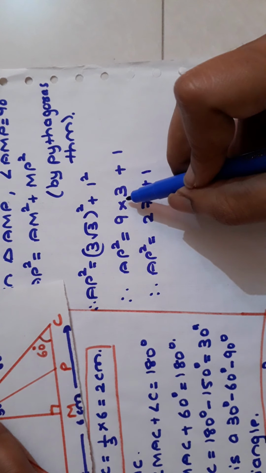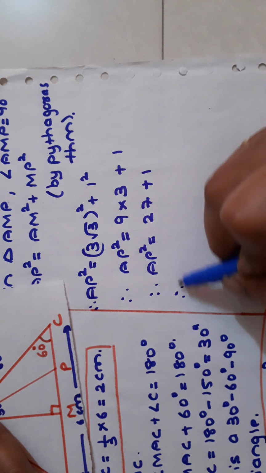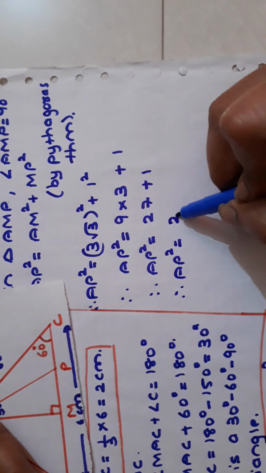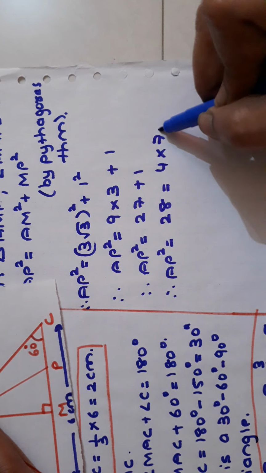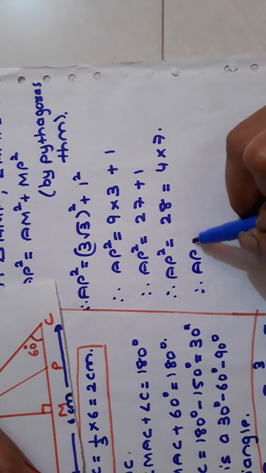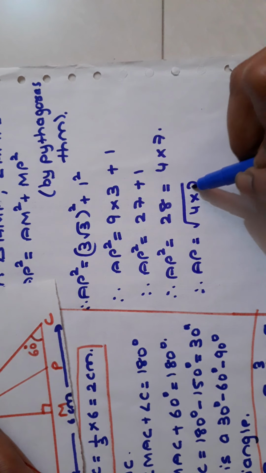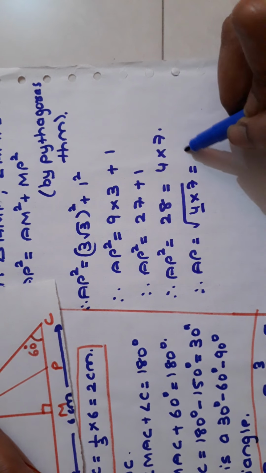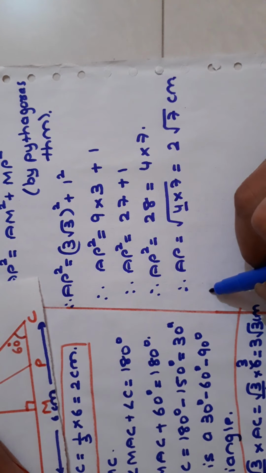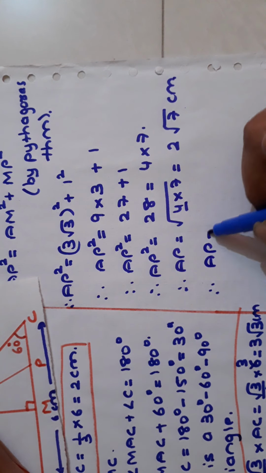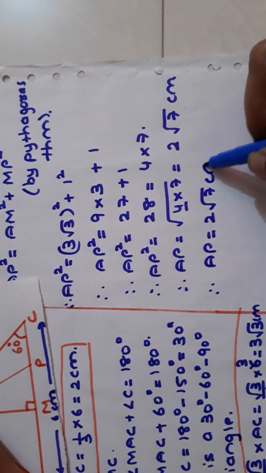Order of precedence: first you multiply and then add. 28. But 28 is 4 into 7. AP is under root of 4 into 7. Root of 4 is 2. So therefore AP is equal to 2 root 7 centimeter.